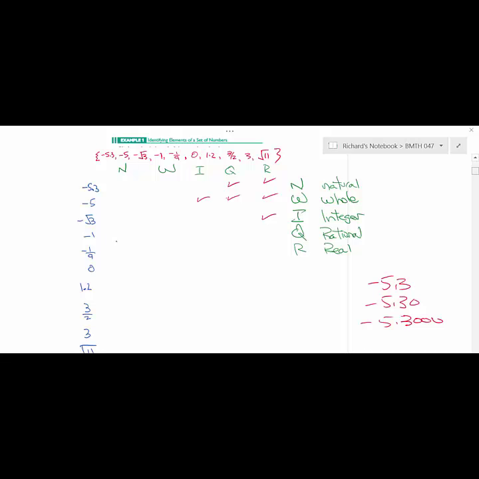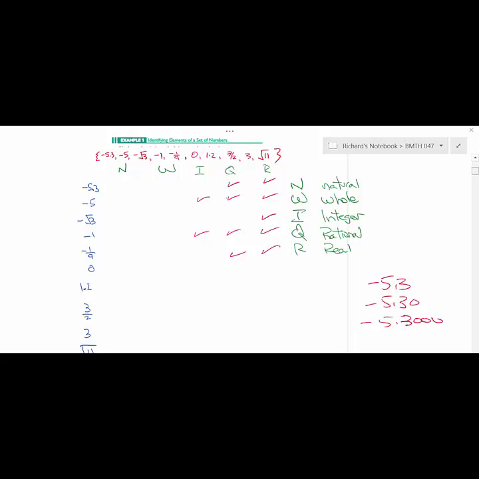There are no negatives with the natural numbers, no negatives with the whole numbers. It is an integer, and it's also a rational number and a real number. Negative 1/9. Well, it's a ratio, it's a fraction. It doesn't matter that it has a negative sign because you can have negative rational numbers. So negative 1/9 is a rational number and a real number.